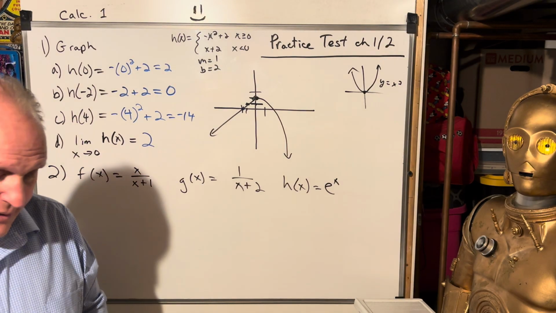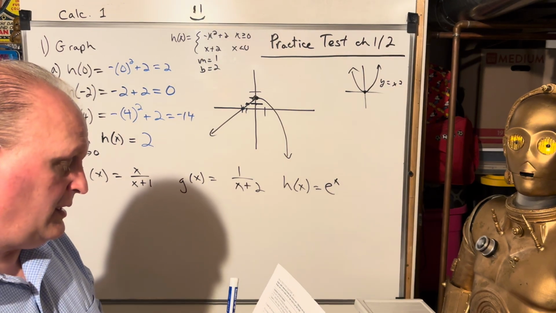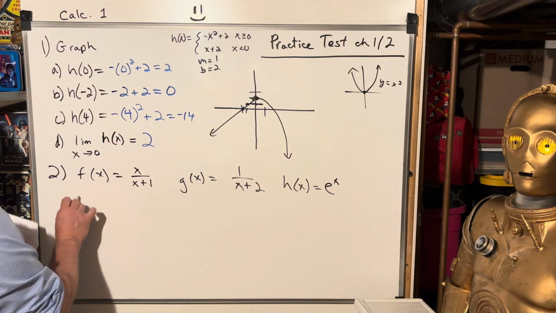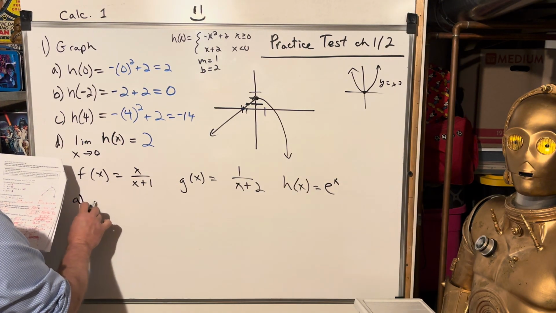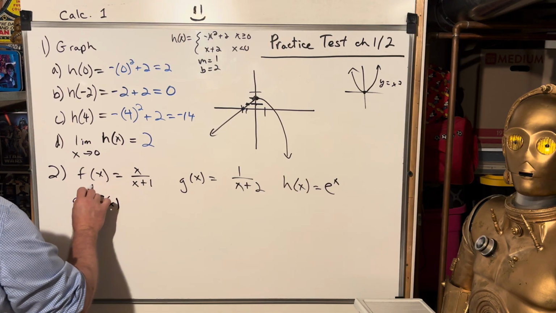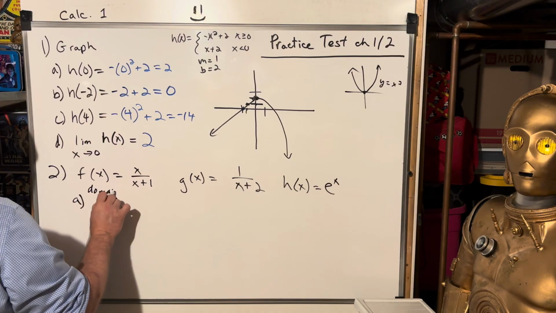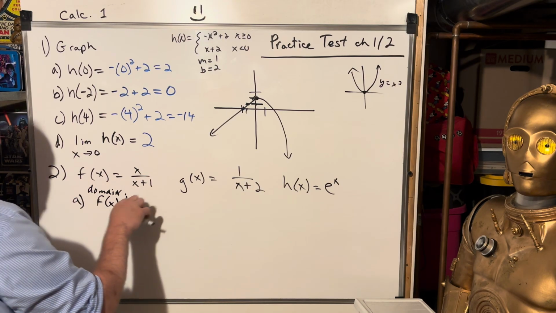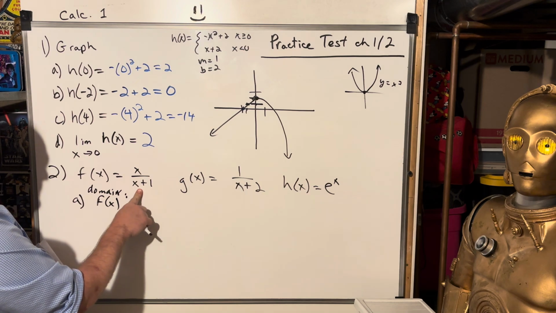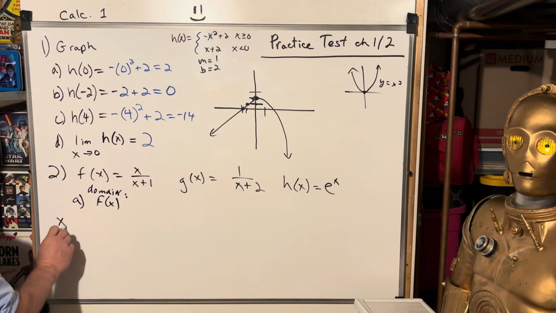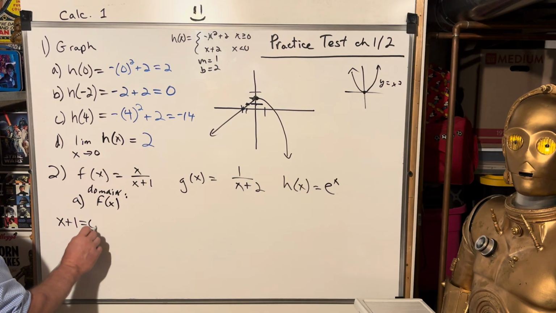All right, so here we go. What are we doing? The domain of g of x and f of x. So the domain of f of x. Remember the restrictions, you can't divide by 0. So we just have to worry about the denominator being 0.